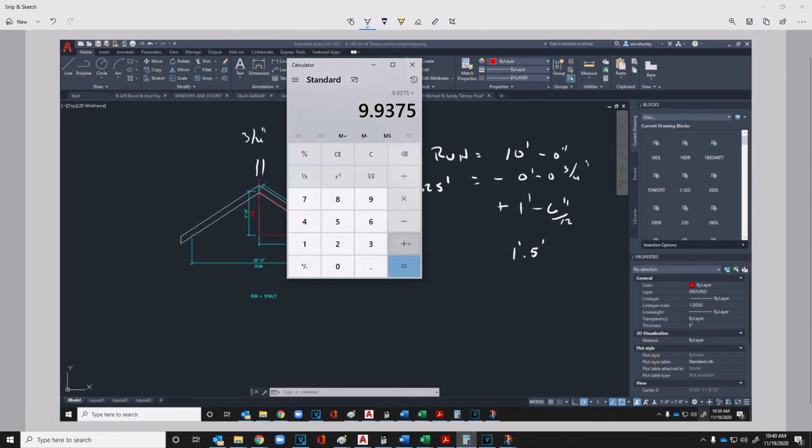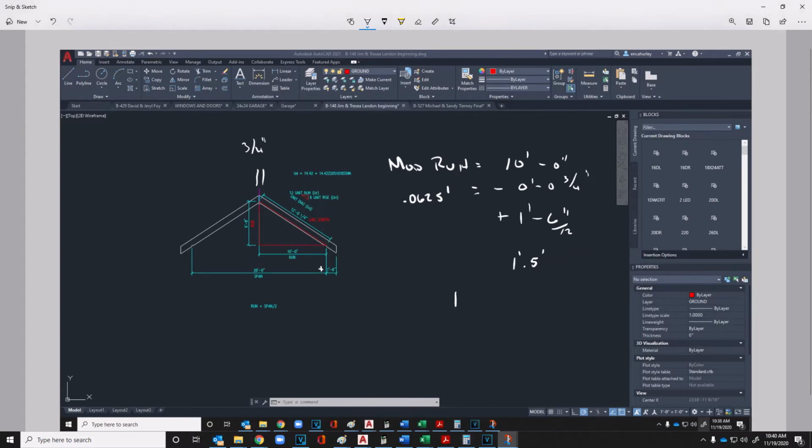So plus 1.5 feet equals 11.4375. 11.4375 feet. All right, so this is now my modified run.